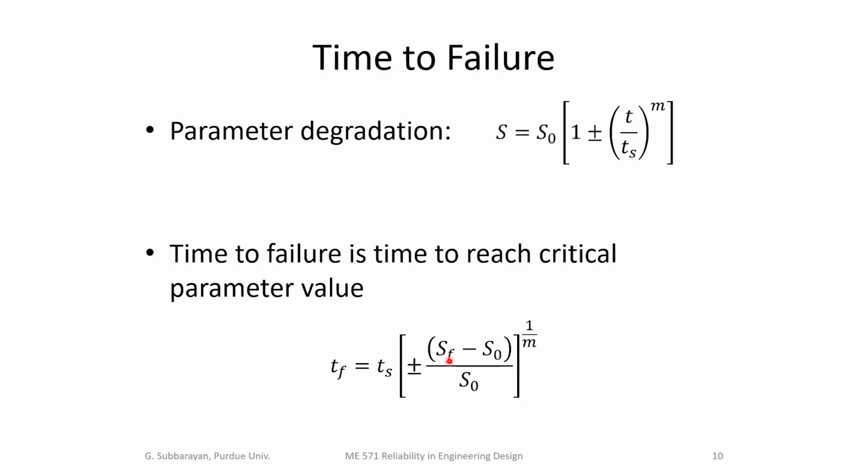We know that normal distribution is not a good model simply because normal distribution extends from minus infinity to plus infinity, whereas time to failure only goes from 0 to some large value. And the simplest time to failure parameter degradation model is a power law form, and we'll come up with other forms in module 7 and 8. So with that, I will end module 6.1.